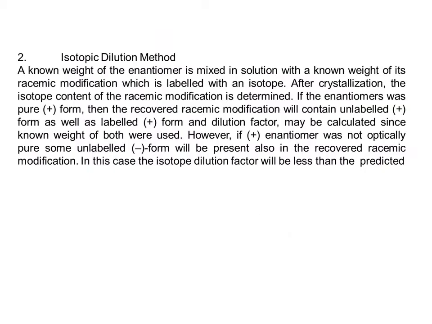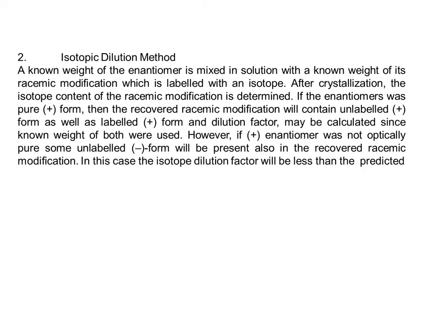Now let's see the isotopic dilution method. A known weight of the enantiomer is mixed in a solution with known weight of its racemic modification, which is labeled with an isotope. After crystallization, the isotope content of the racemic modification is determined.